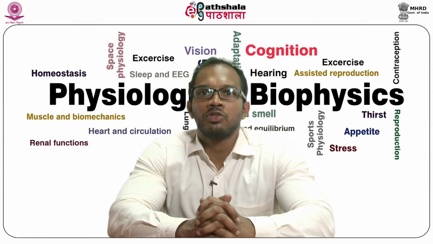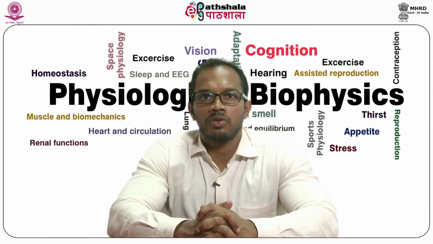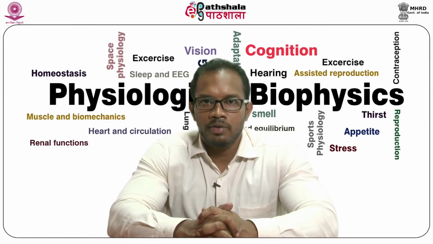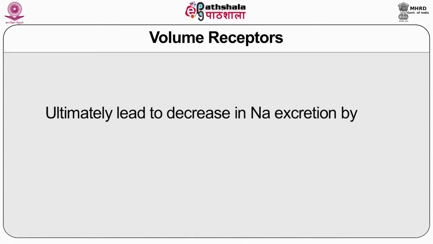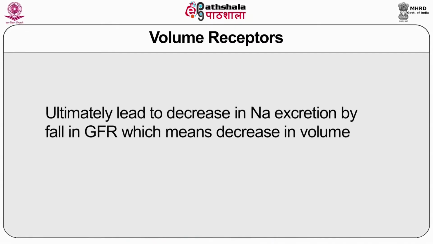Angiotensin 2 leads to the release of aldosterone from the adrenal gland, and it also leads to constriction of the renal afferent arteriole, and ultimately leads to decrease in sodium excretion by a fall in GFR, which means decrease in volume loss by the kidney.